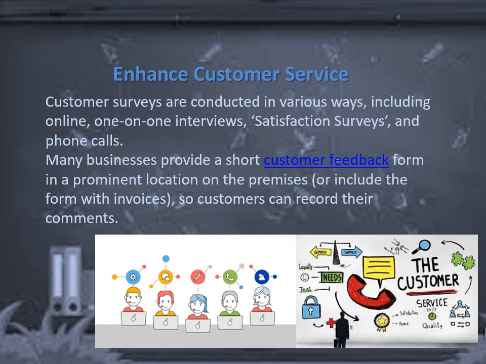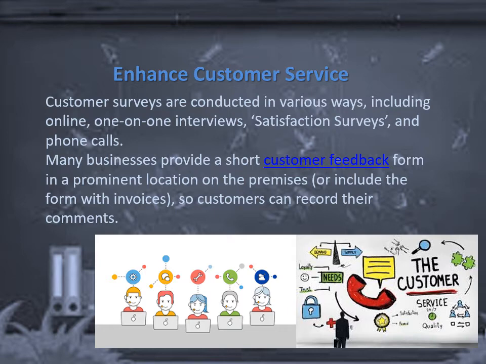So, to retain your customer loyalty, you have to be able to respond to the customer's needs. You need to be able to be trustworthy and retain the confidence of your customers. And market research helps you in maintaining that through customer feedback.